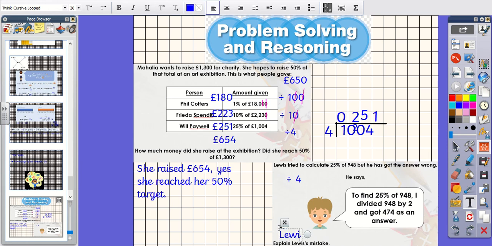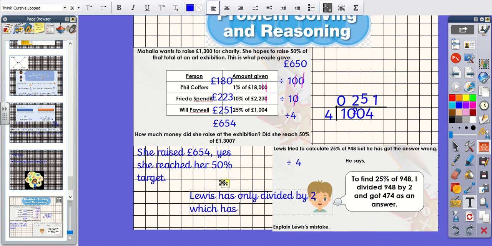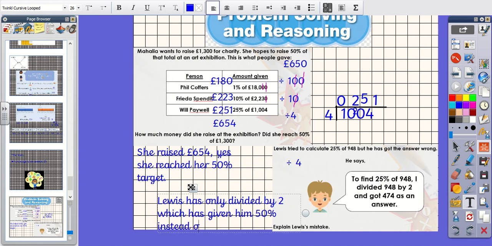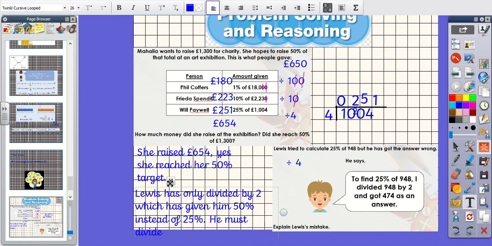So Lewis has only divided by 2, which has given him 50% instead of 25%. He must divide by 4 for him to find 25%.